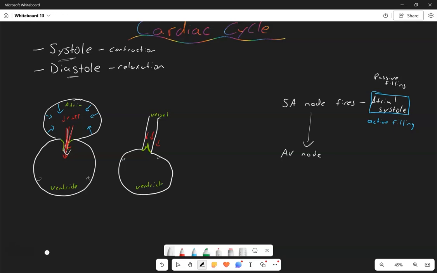Not a whole lot, but a little bit, just passing the signal from one place to the next. Then it's going to move into the bundle of His, and that's where we're going to start to see some real ventricular systole. So we get that ventricular systole.